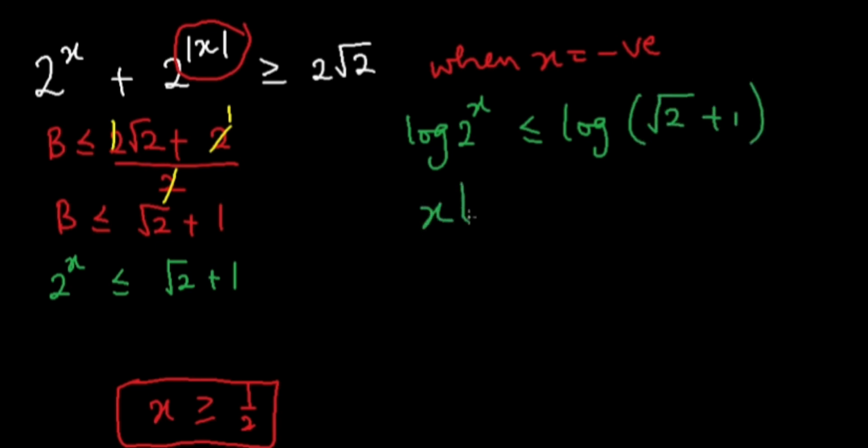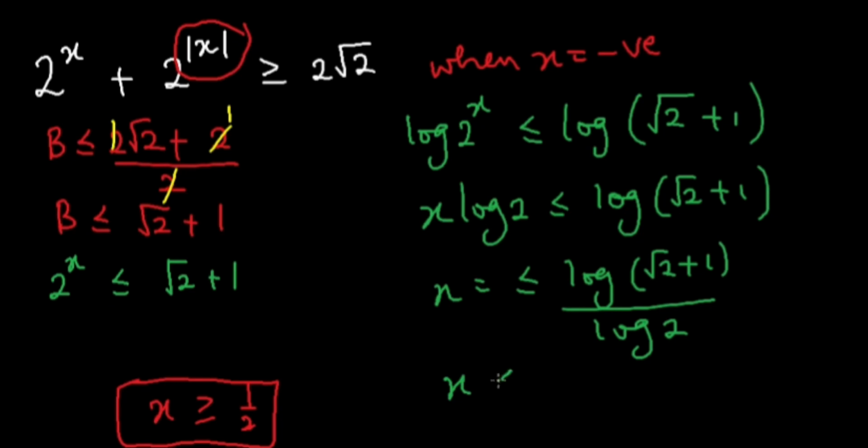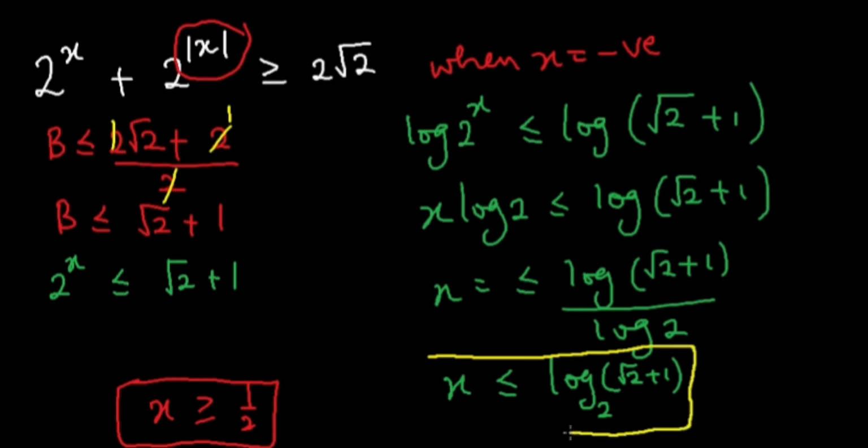So I have my x log 2 less or equal to log of the whole function plus 1. So divide both sides by log 2. I will have x less or equal to log of root 2 plus 1 over log 2. And with the law of logarithm, this can actually become x less or equal to log base 2 of root 2 plus 1.